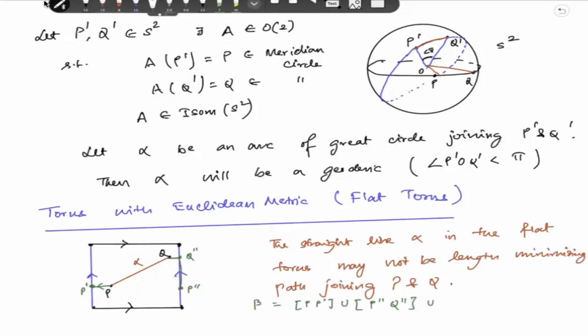and then take Q double prime Q, the horizontal line segment. So this beta is again a path between P and Q. It may happen that the length of beta is less than alpha.